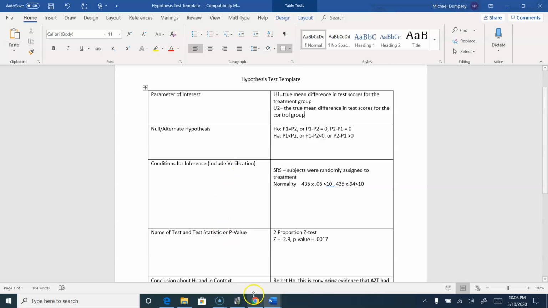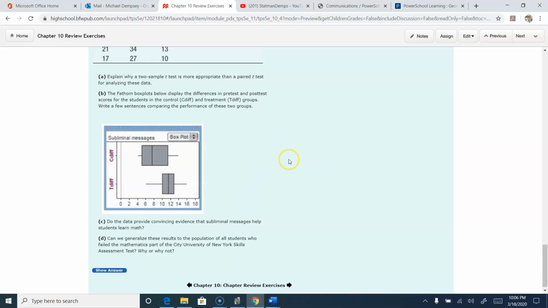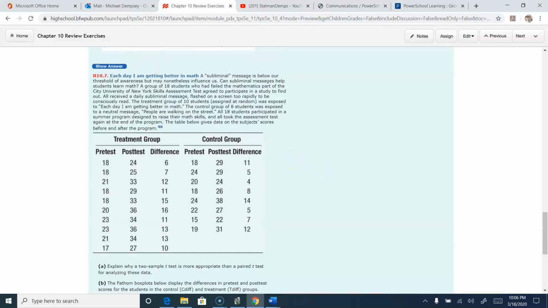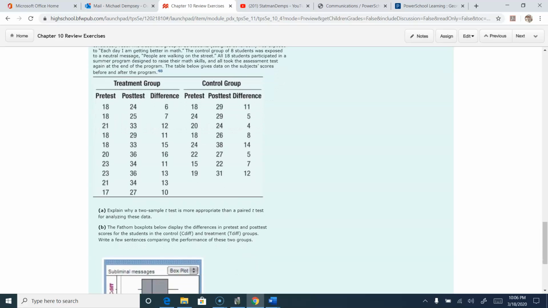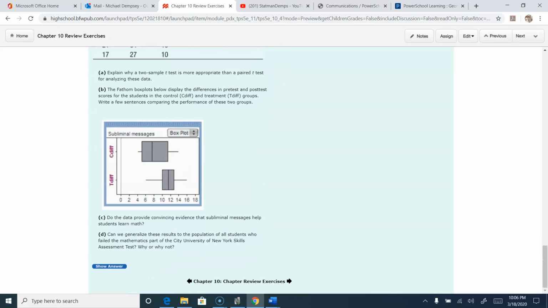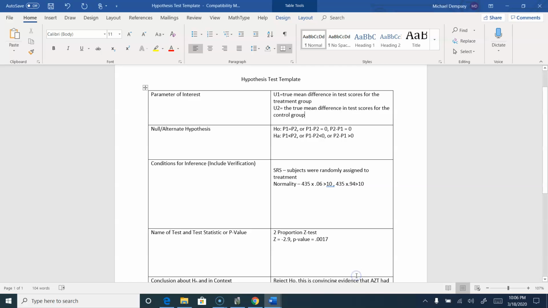Let me just make sure I'm listing those groups correctly, right? We call them treatment and control. Yeah, people who walk across the street are kind of your control group. Okay. The null hypothesis would be that they are equal to each other. And again, we could do the differences if we wanted to. I think you all get the point.